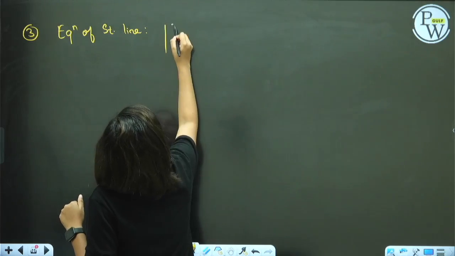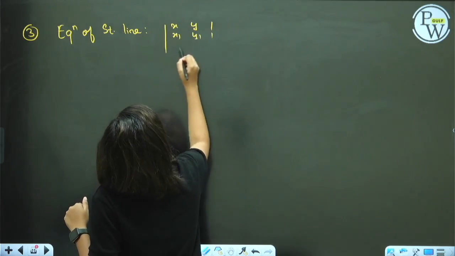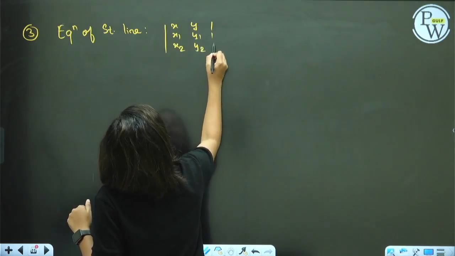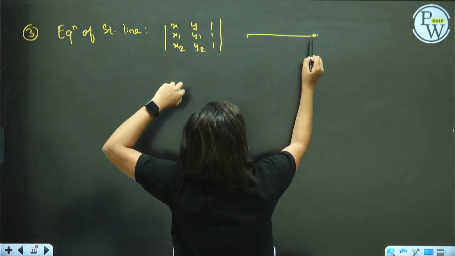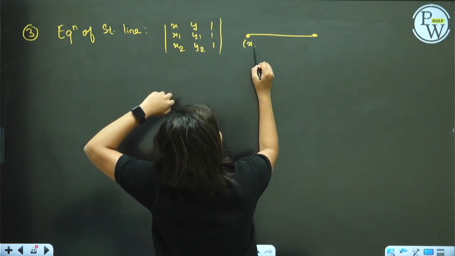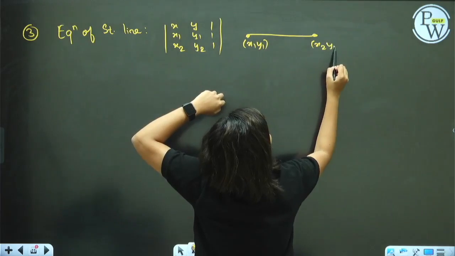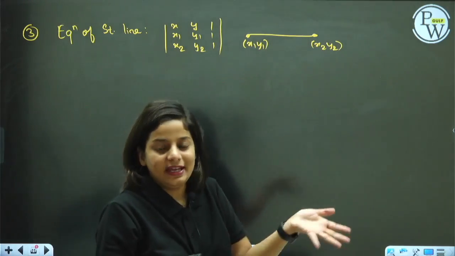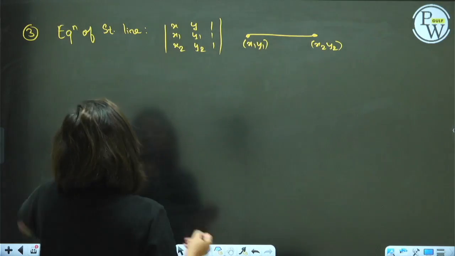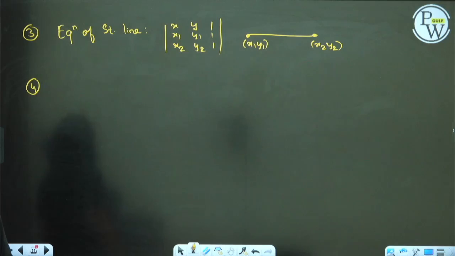How? x, y, 1, x1, y1, 1, x2, y2, 1. Everything is the same. x1, y1, x2, y2 are the two points the line joins, and x, y is for forming the equation. That's another application.